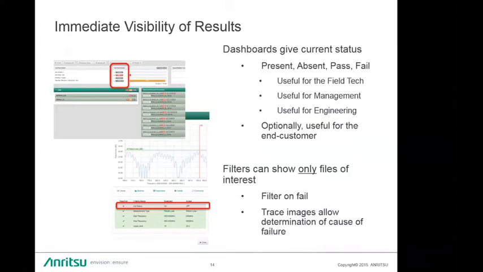It's possible to filter, so you can only show files of interest, such as fails, and you can see trace images to determine the cause of the failure. There's even a way of putting notes in here, so if for some reason it wasn't possible to get this trace to pass, the technician can let the engineer know without having to get into an email chain.